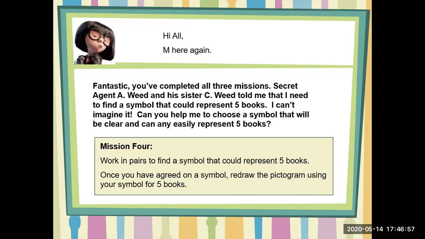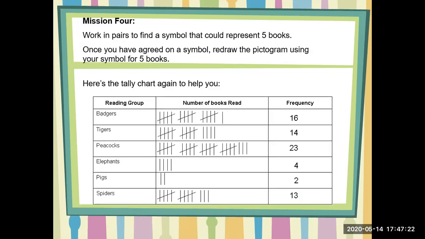Can you help me to choose a symbol that will be clear and can easily represent 5 books? Mission 4, you're working with an adult at home that could represent 5 books. Once you've agreed on a symbol, redraw the pictogram using your symbol for 5 books.